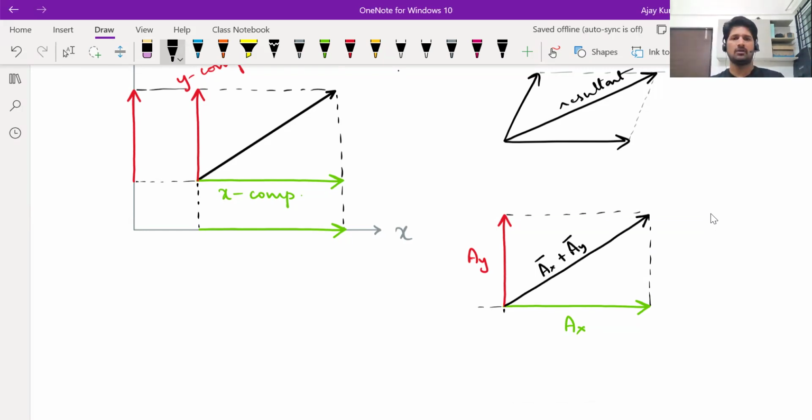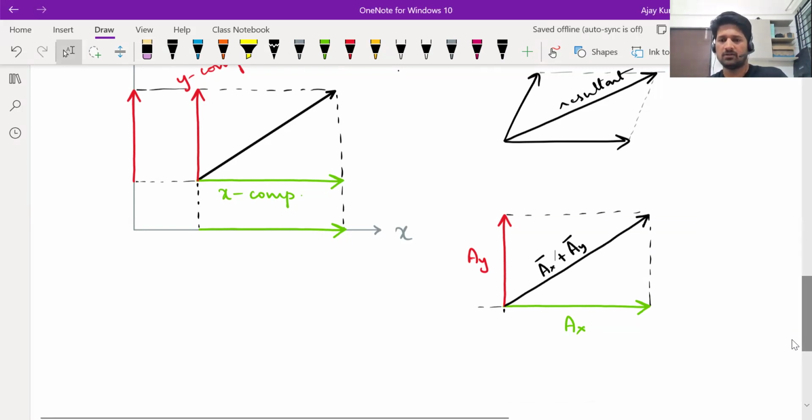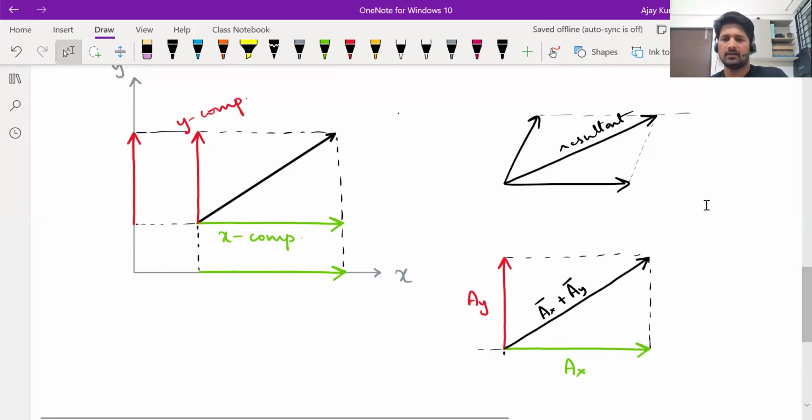Do you all agree with this or not? Is the black vector the resultant or the sum of the green and red vectors or not? Observe carefully. If you have any objection, you tell. Okay.